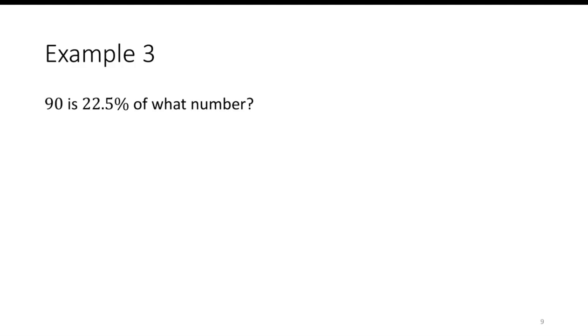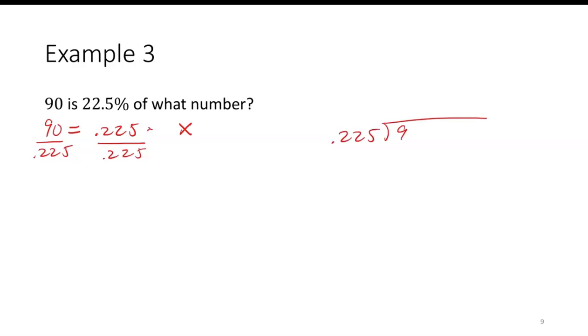For example 3, 90 is 22.5% of what number? So I start with 90. The word is, I put equals, 22.5%, so 0.225 times, in this case, my base. So I'll make that my unknown, x. The way we solve for this is we get x by itself by dividing by 0.225. So what we want to do is take 225 thousandths and divide that into 90.